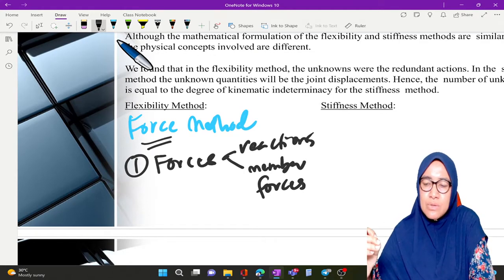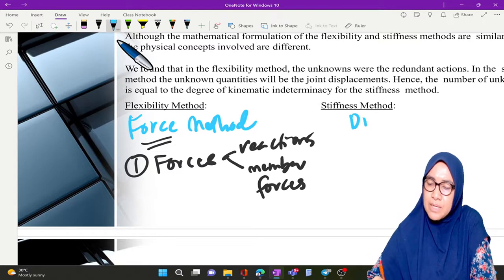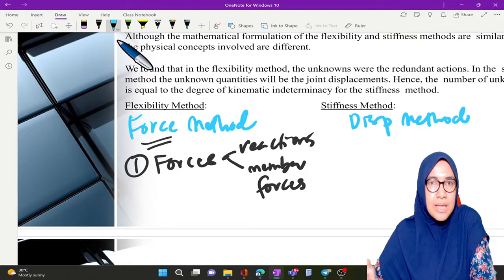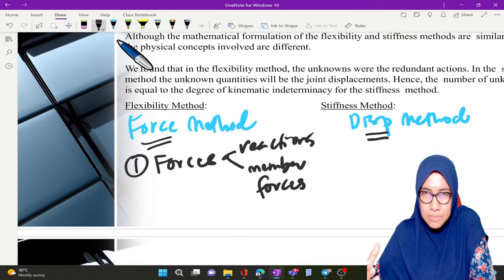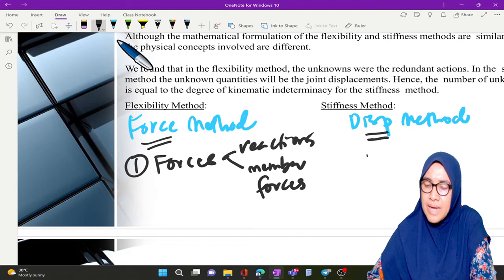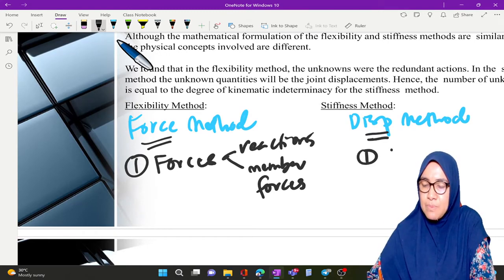However, the other name of the stiffness method is the displacement method, and the first output that we can get from the stiffness method is displacement.